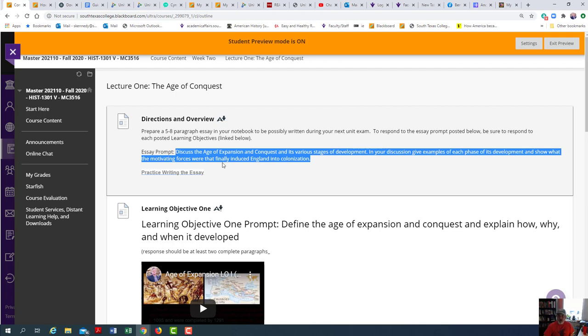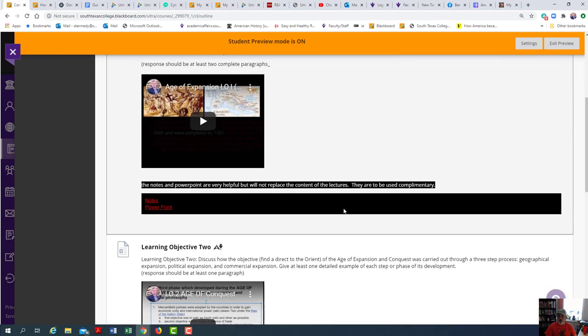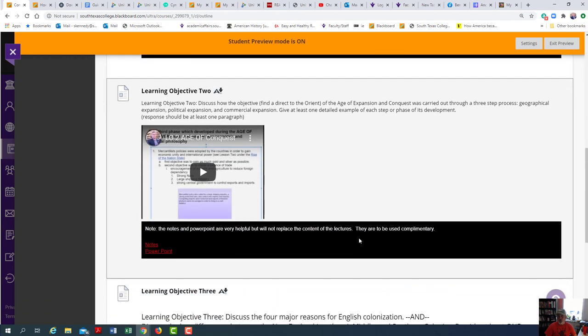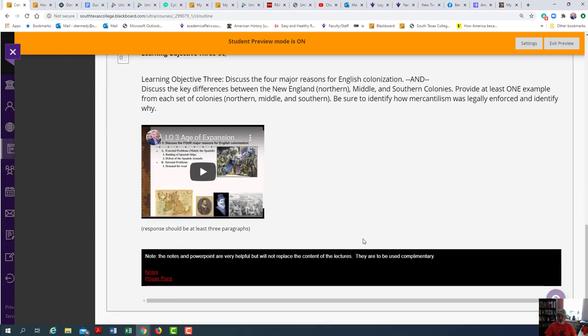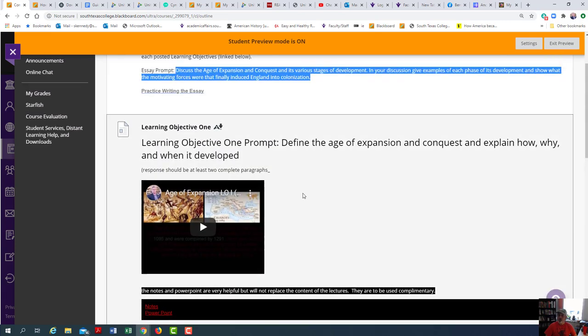To prepare for that, the lecture is broken down into segments or learning objectives. So this particular lecture has learning objective 1, learning objective 2, learning objective 3, right? So you begin with learning objective 1. And you'll notice that each learning objective has a prompt.